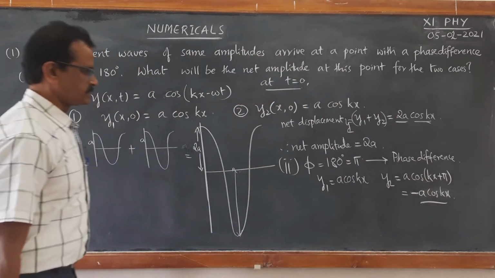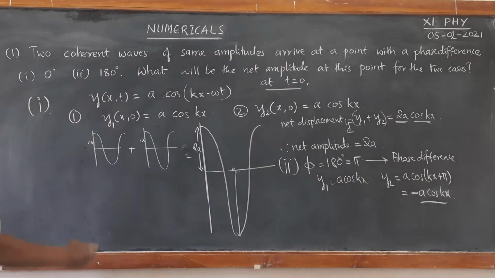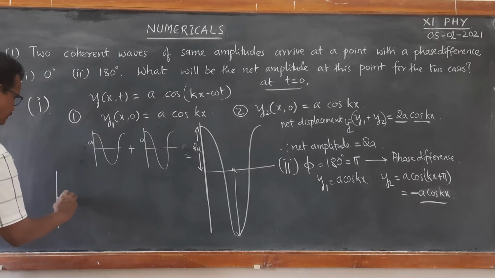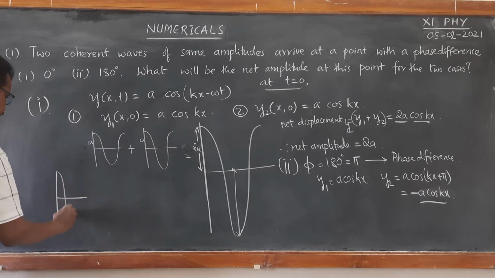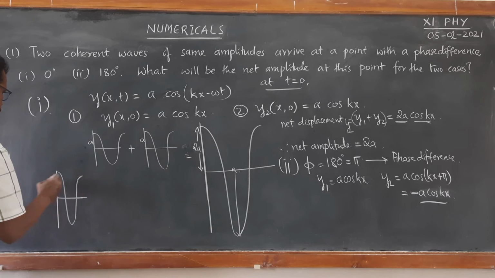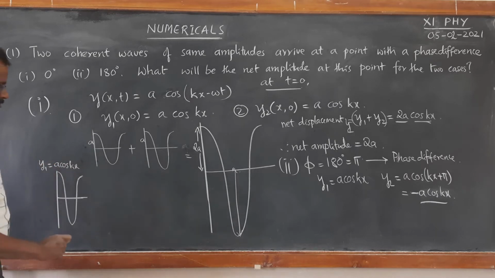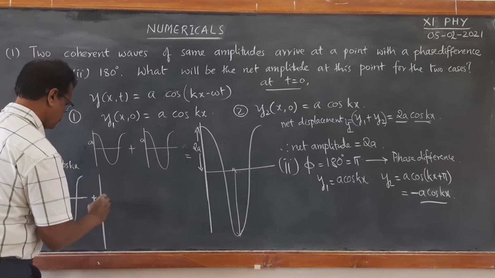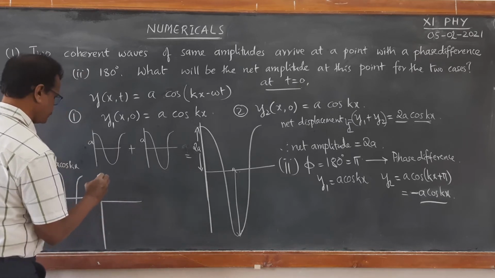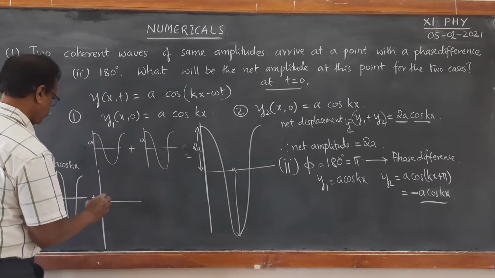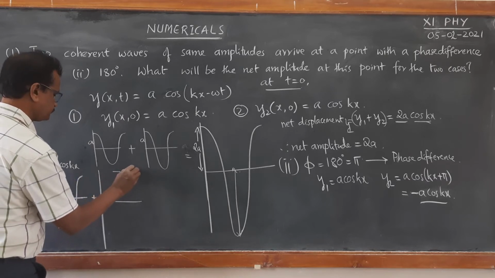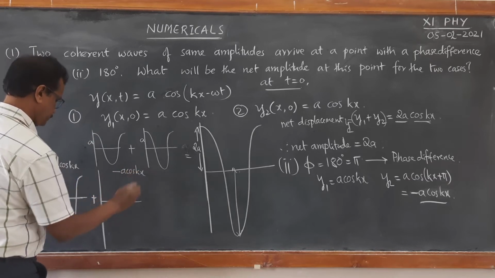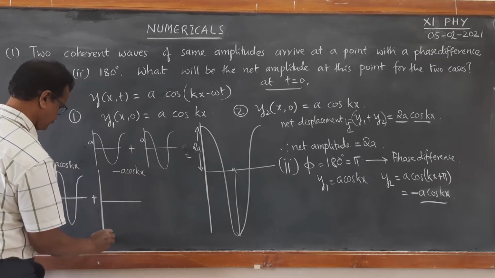So, if such waves interfere, what happens? In this case, y1 is equal to A cos kx, and it is interfering with another wave having the same amplitude, minus A cos kx. You can see it starts from minus A here.